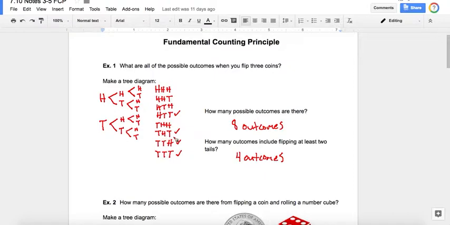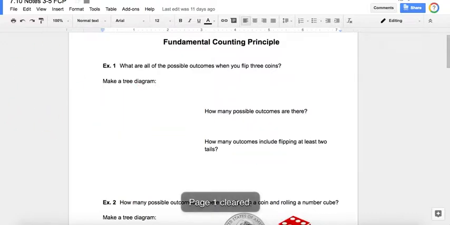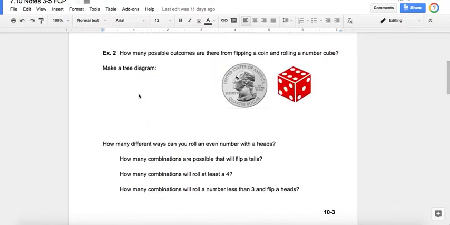Okay, let's move down to example number 2, where it says, how many possible outcomes are there from flipping a coin and rolling a number cube? So once again, we are going to make a tree diagram, and we're flipping a coin and rolling a number cube. So the possibilities on a coin are heads or tails. Now, when you roll the die, we have 6 possible choices.